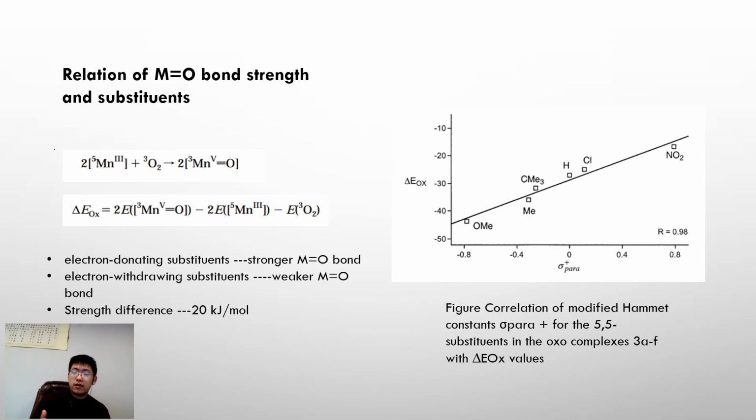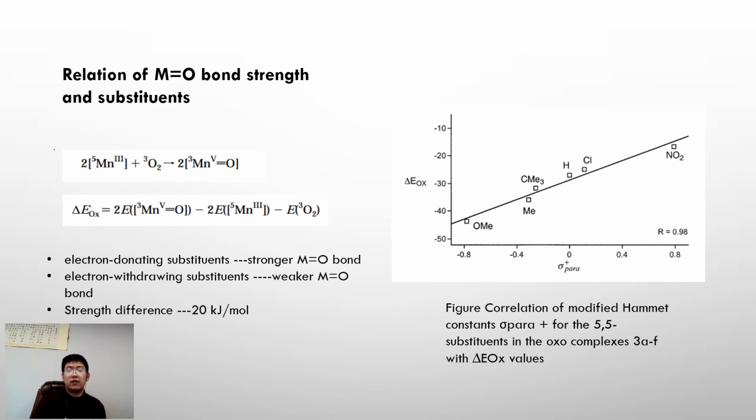The second experiment, just like the previous one, needs a further interpretation to get the bond strength value from this equation, and so we can get the relationship shown here in the diagram. From the results, we can see the bond strength difference caused by the electron donating and electron withdrawing groups.